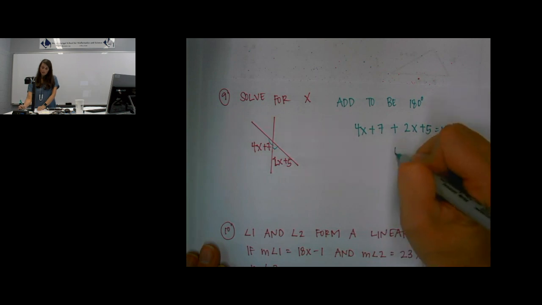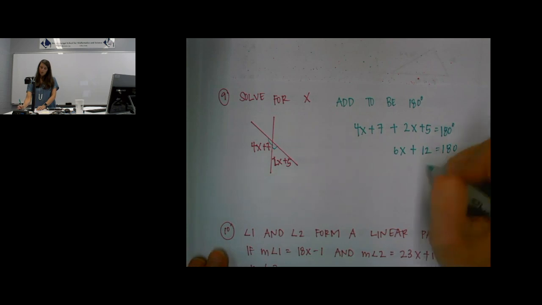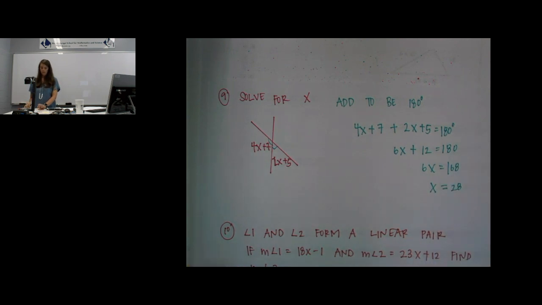So that's going to be 6x plus 7 plus 5, which is 12. Subtract your 12, so it's 6x equals 168. Divide both sides by 6, so x is going to be equal to 28.